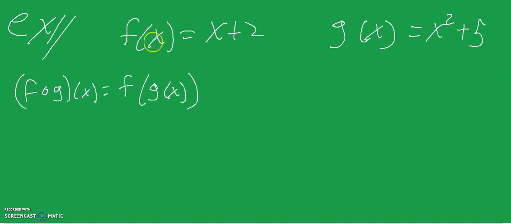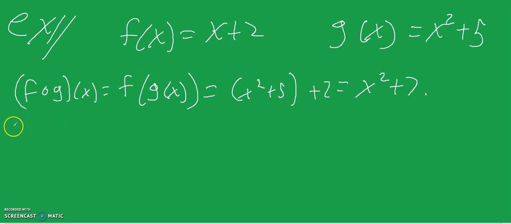So my rule for f is whatever my input is, I take that input and I add 2 to it. So here my input is g of x, so I'm going to have x squared plus 5. So that's replacing x right here, and now I have to add 2. And when I evaluate that out, that gives me x squared plus 7. So that's f composed with g of x.